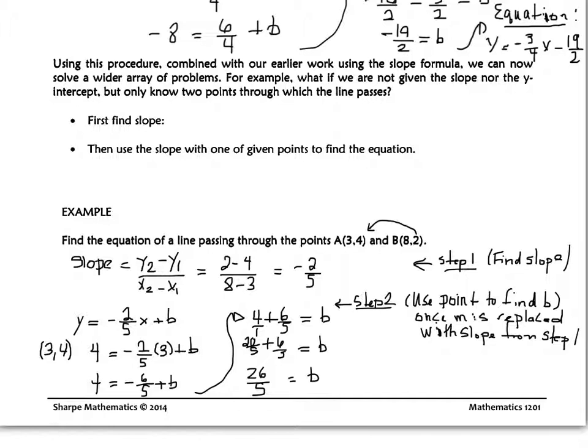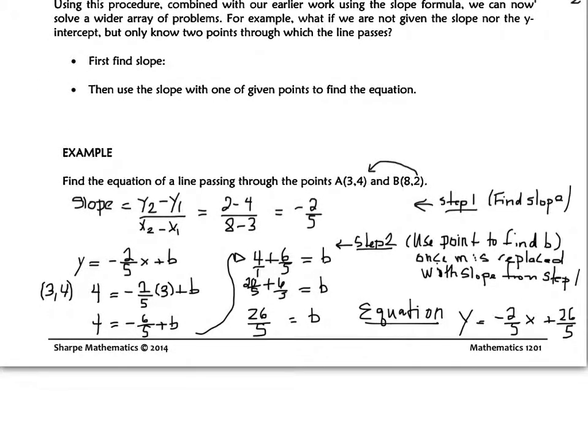And then the last step is your equation, which would be y equals negative 2/5 x plus 26 over 5. So I'm just going to move that up a little bit and squeeze in there. Step 3, write your equation.